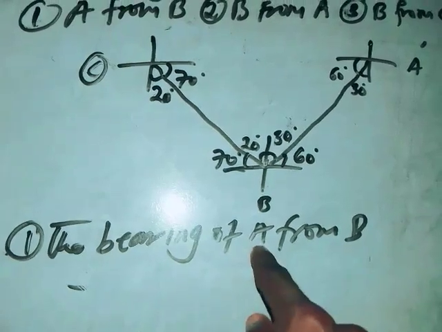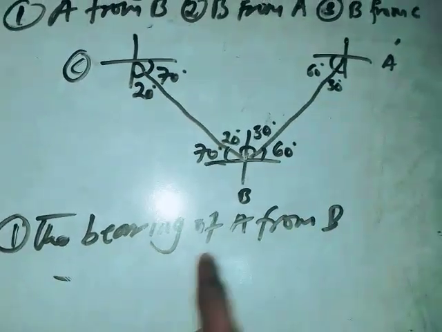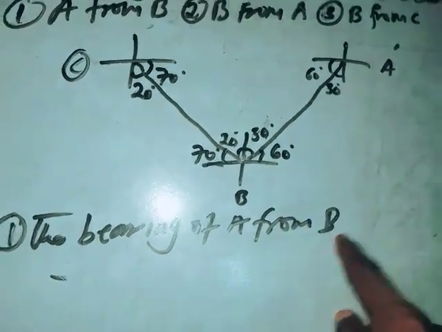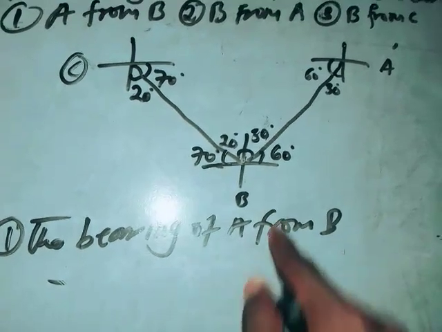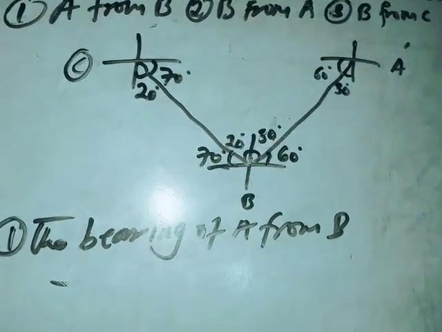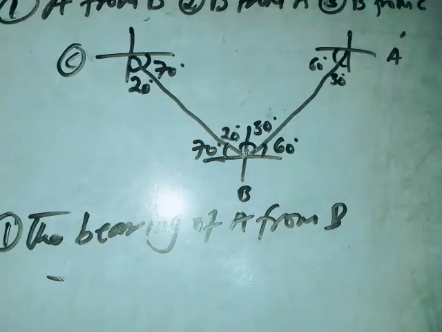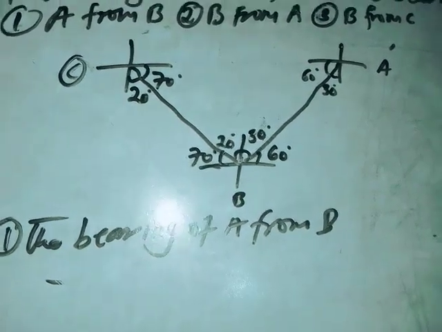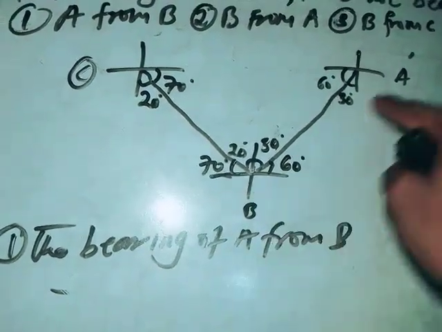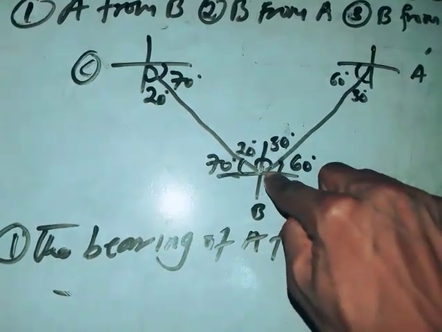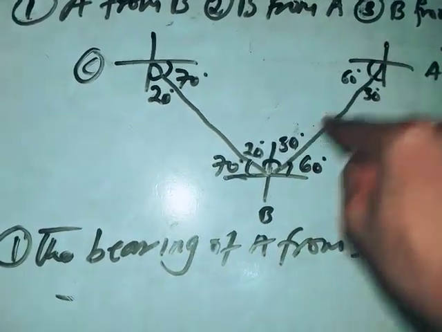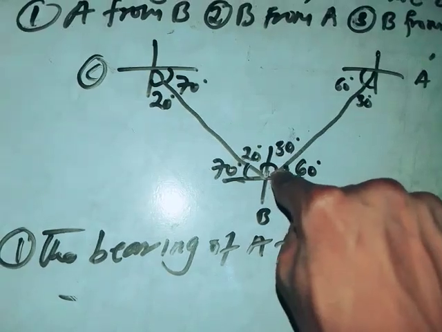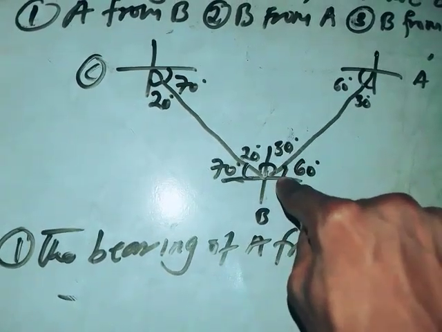So to find the bearing of A from B, it is at B that we are going to find that bearing. So you come to this place. I said earlier that you are going to start from north pole and draw a line to the point, joining from B to A. This line is drawn from here to this point. So when you are turning, where that line stops is where you are going to stop.